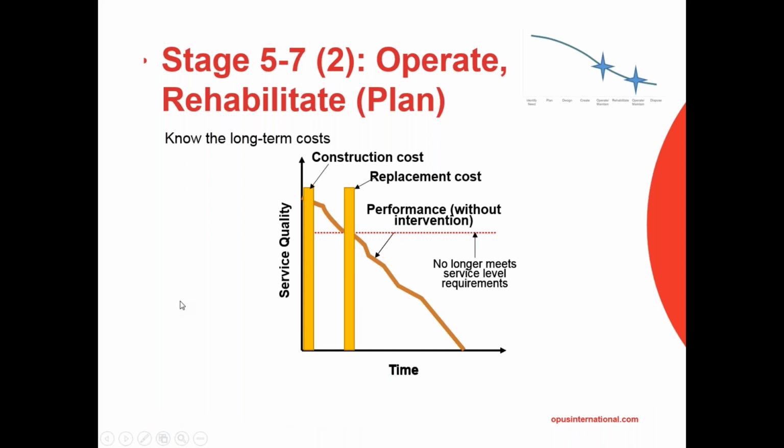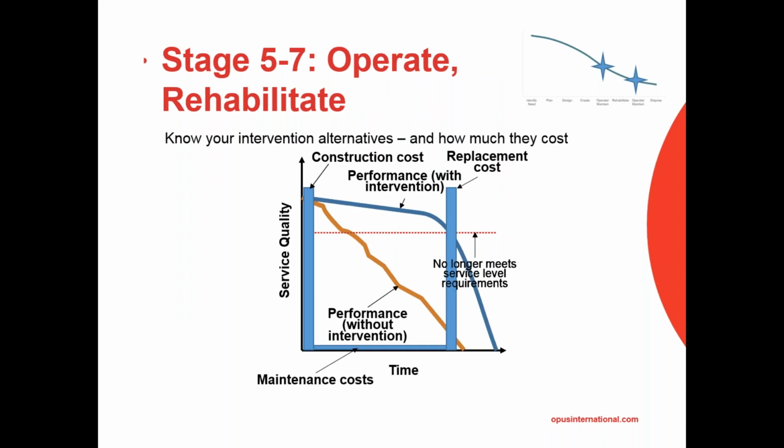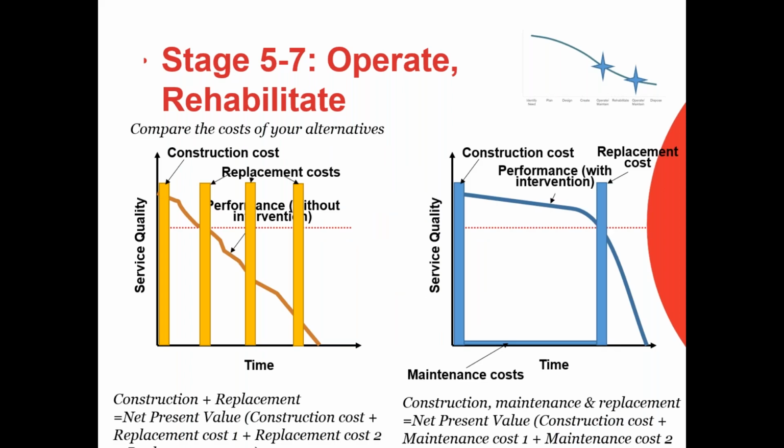You've got your construction cost, and over time, at some stage, when your performance crosses over your no longer meeting service level requirement line, you're replaced with something else, and there's your replacement cost. Likewise, your performance, when you intervene, can be extended to a little bit later. So it's being aware of how much your performance can be extended based on your construction costs in the first place or different forms of rehabilitation.